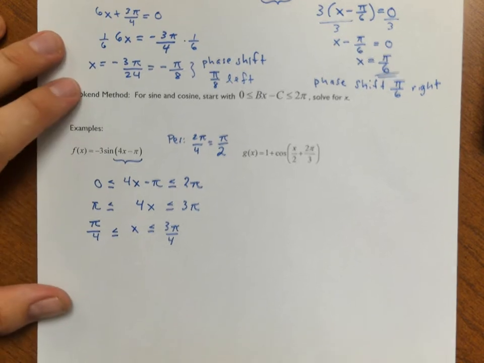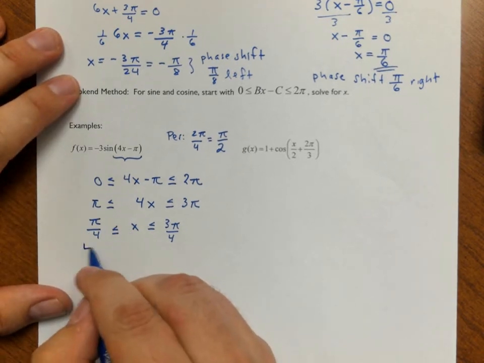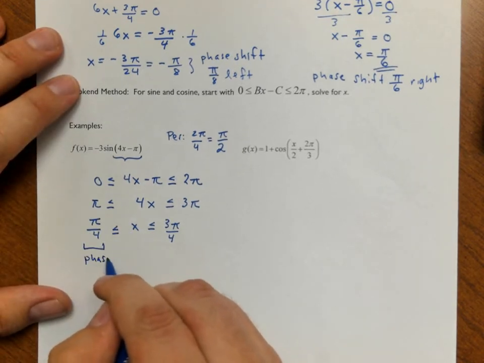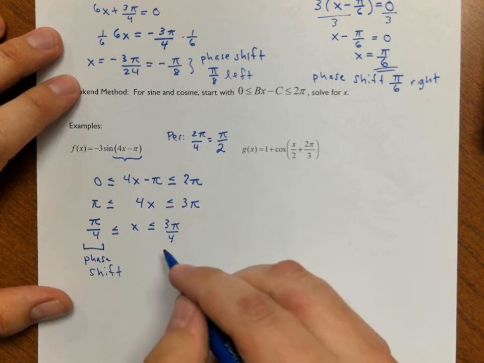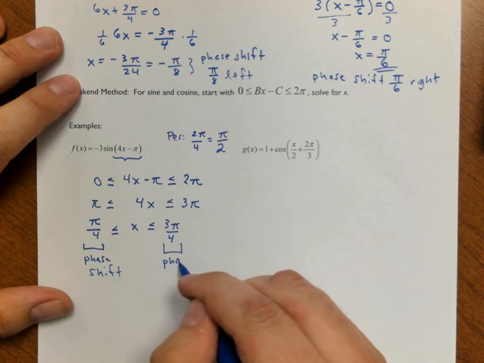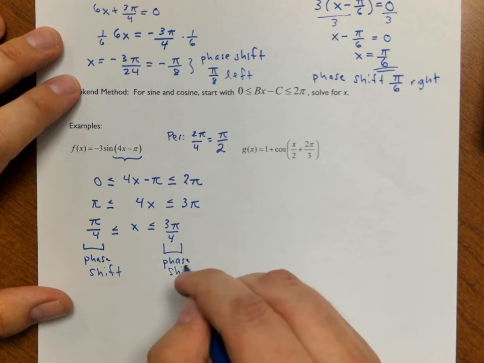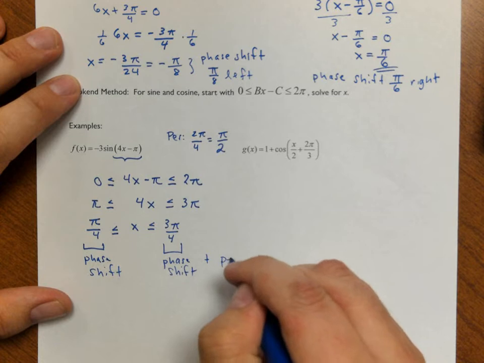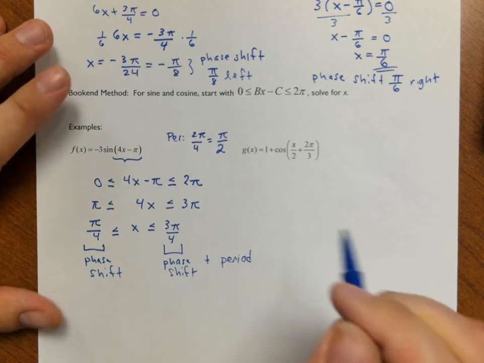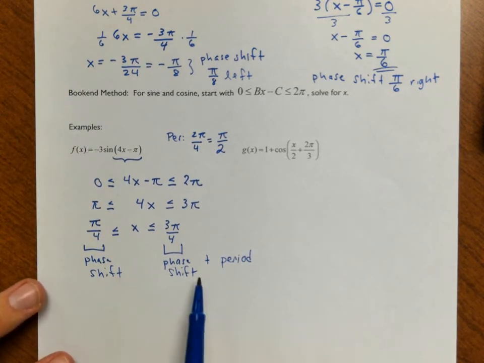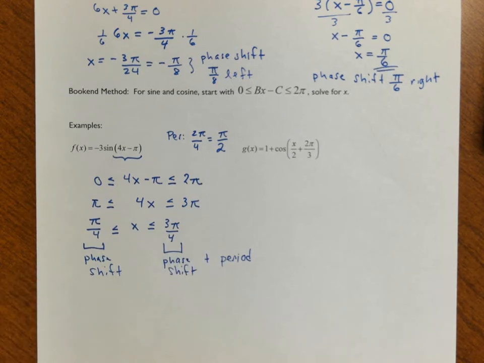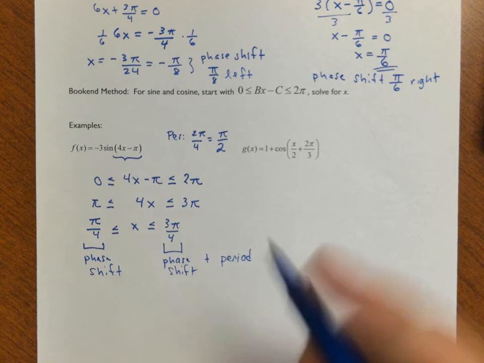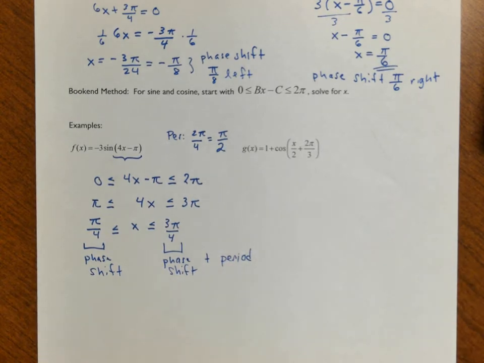The usefulness of this is I have just found the phase shift, and what I have found down here is the phase shift plus 1 period. So if I wanted to find the period, or if I wanted to check my work, if I subtract 3 pi over 4 by pi over 4, that will give me 2 pi over 4, which is the period, pi over 2. That's how it's supposed to work.